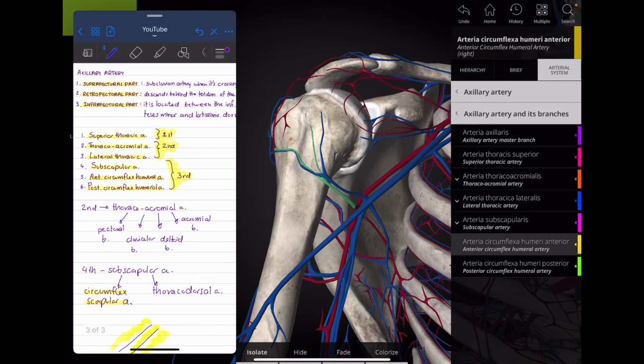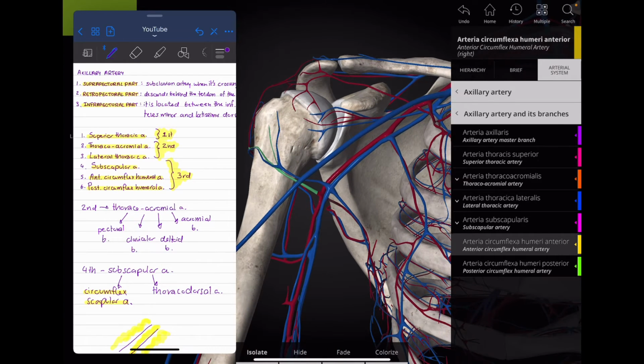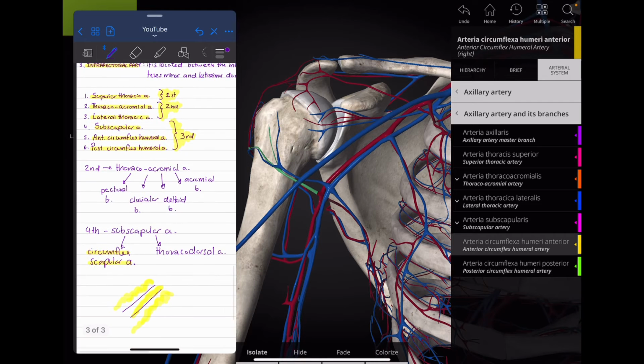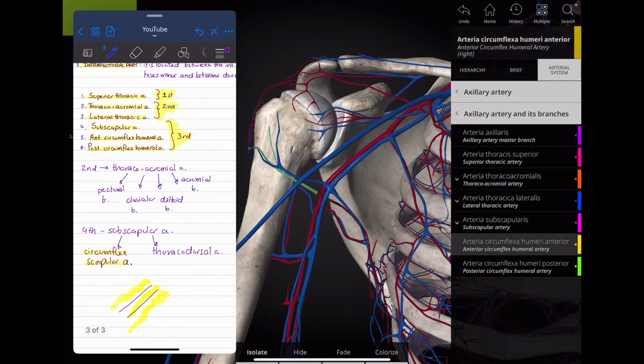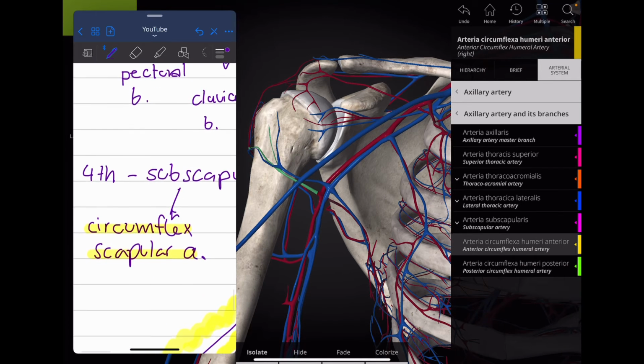Now, the subscapular artery also has two branches which are worth remembering, and those would be the circumflex scapular artery and the thoracodorsal artery. Okay, now the circumflex scapular artery is very important because it's one of the branches that basically form the anastomosis on the posterior aspect of the scapula.